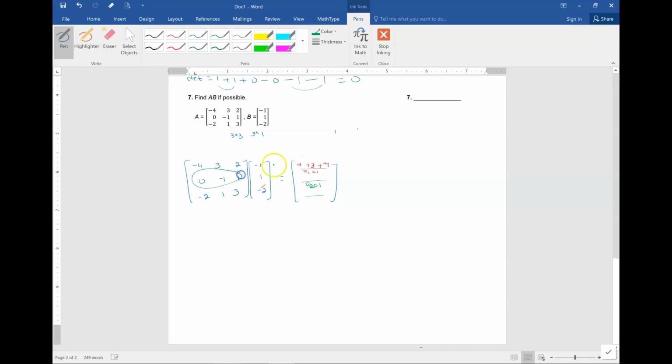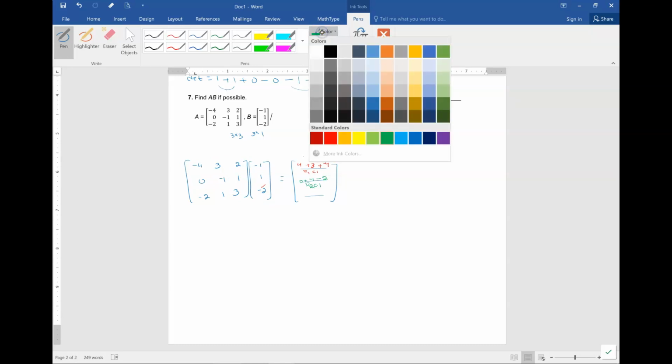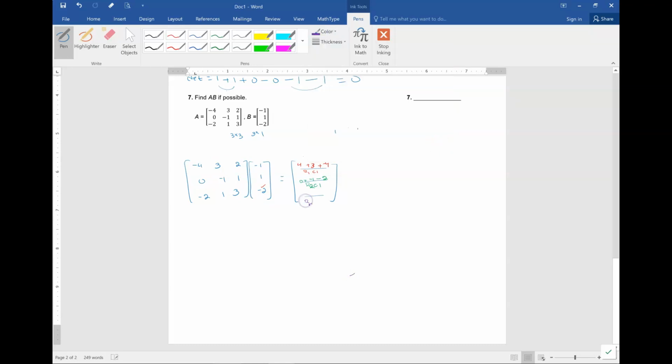So row 2 with column 1. First number with first number is 0, plus negative 1 times 1, minus 2. And then lastly, I get row 3, column 1. First number with first number is 2, plus second number with second number, right? We're getting the product. 1 times 1 is 1, plus last number times last number is negative 6.